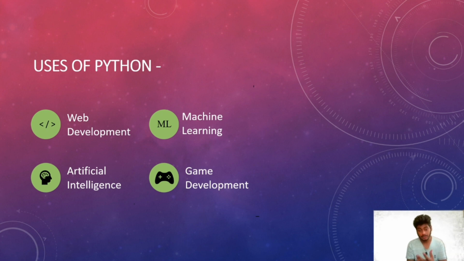It is also used for game development, building graphical user interfaces, and also building desktop applications. It is like a multi-purpose programming language. So these are some of the uses of Python.